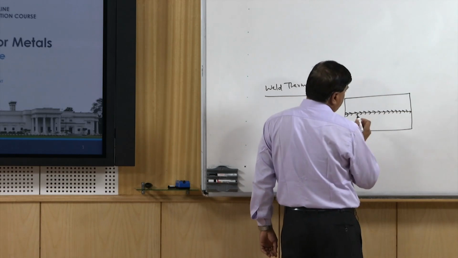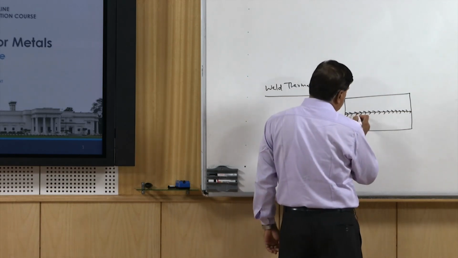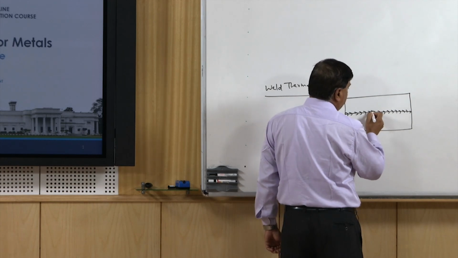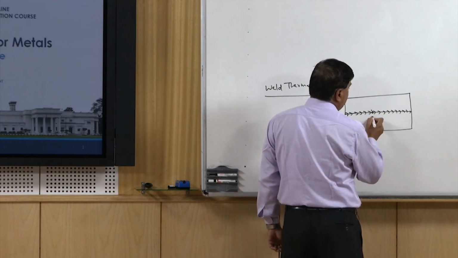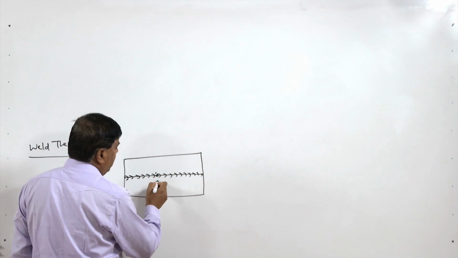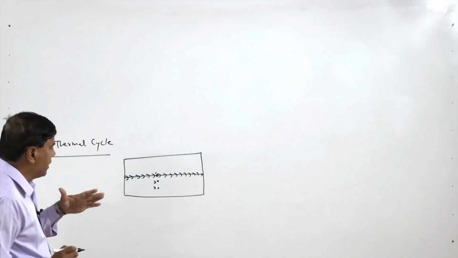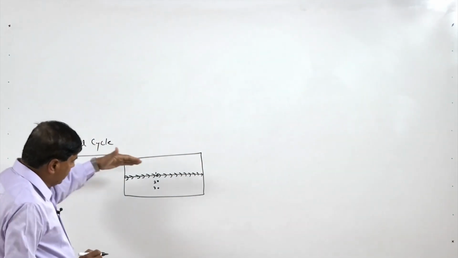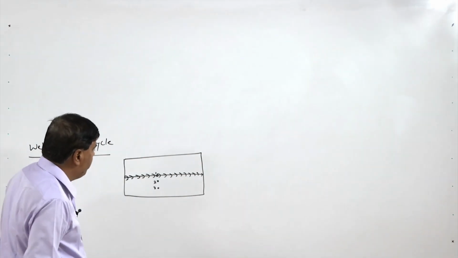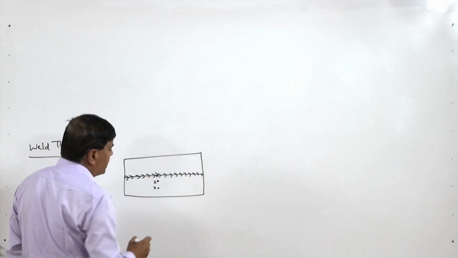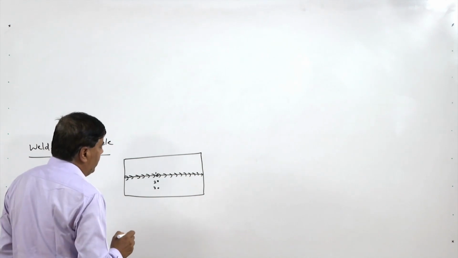If we see different points, either at the weld center line, location 1, or slightly away from the weld, location 2 and location 3. So, these are the 3 points: one in the fusion zone at the weld, and the other 2 are adjacent to or near the weld.